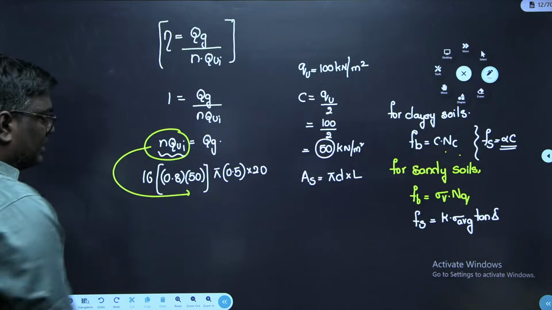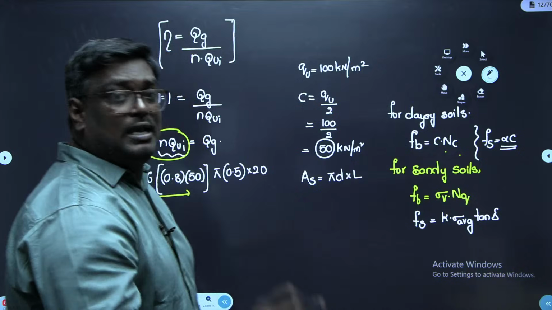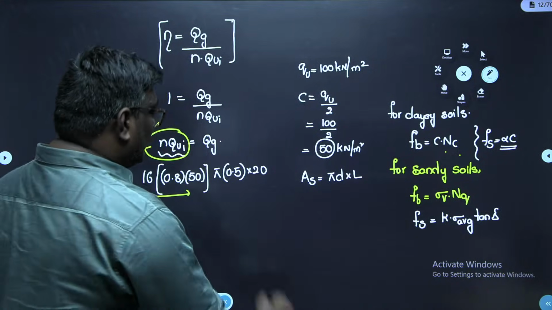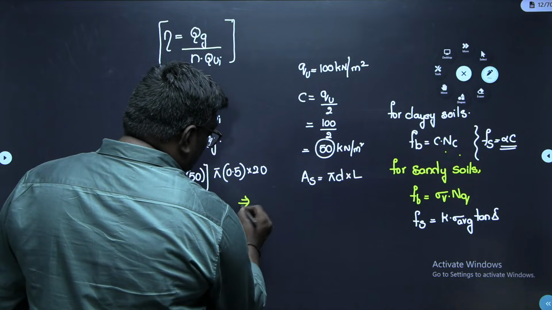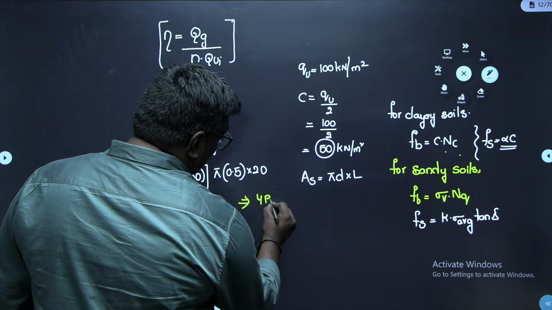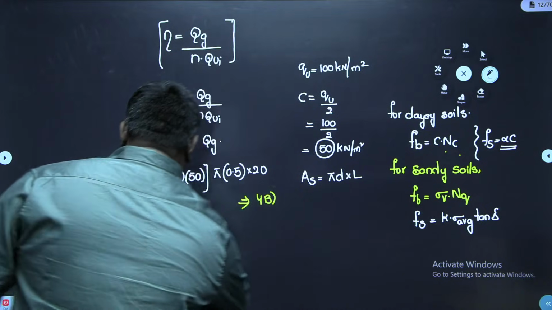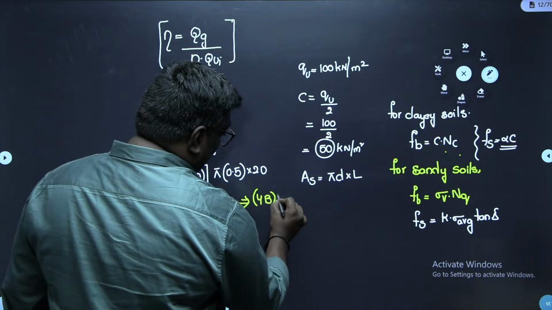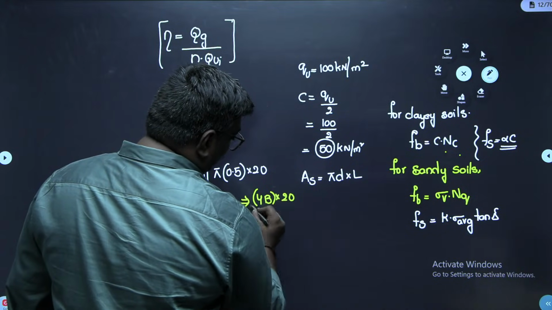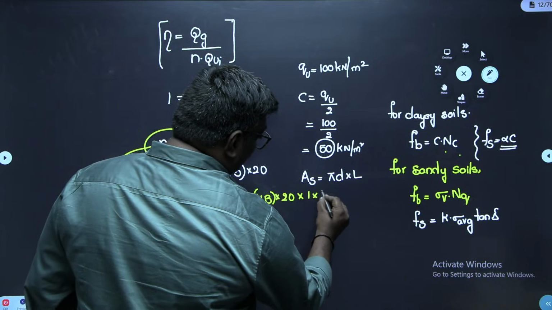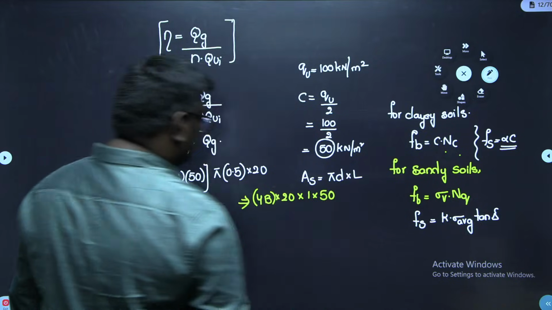So my dear students, when I talk about group capacity, we take the entire group as a single individual pile. So we can write surface area 4B into length of the pile, which is 20. In the group, we can take alpha as normally consolidated, 4B into 20 into C, which is 1 into 50.